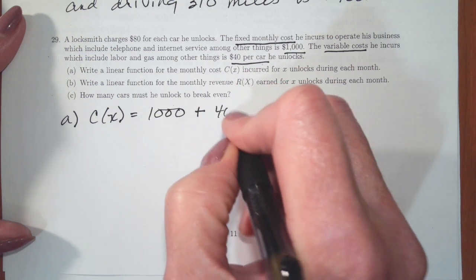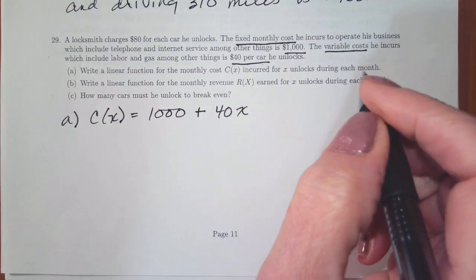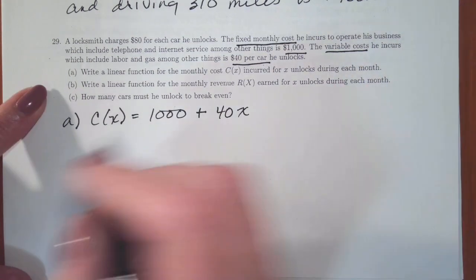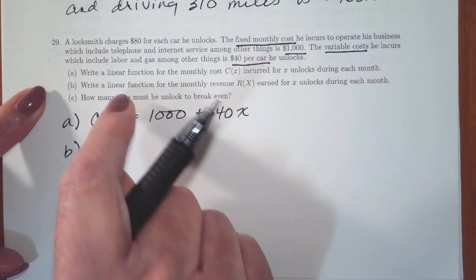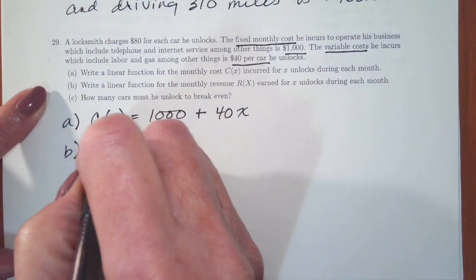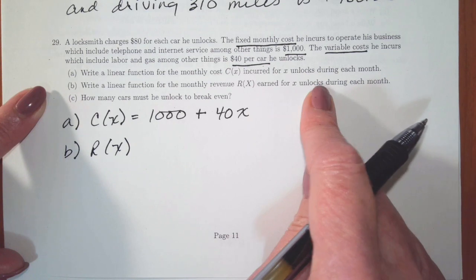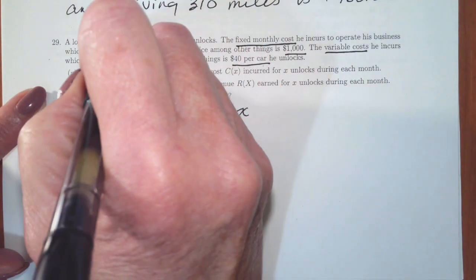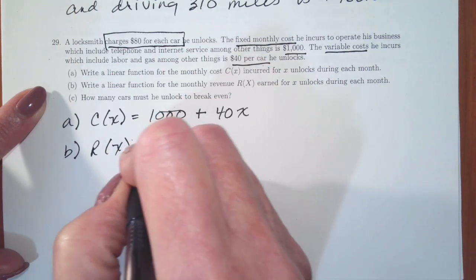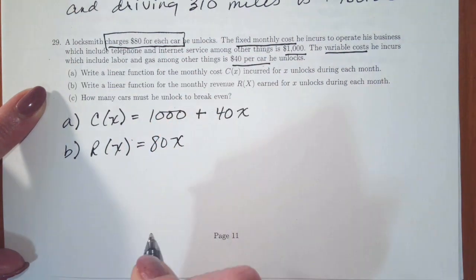So that's going to be 40x. Okay. Part B, R of x, the revenue, he charges $80 for each car. So that's going to be 80x.